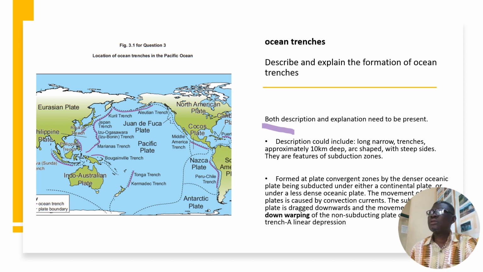The submerged plates will create that deep depression under the ocean bed to create the trenches, the downwarping. So ocean trenches are narrow, deep depressions that are formed under the bed of the oceans.